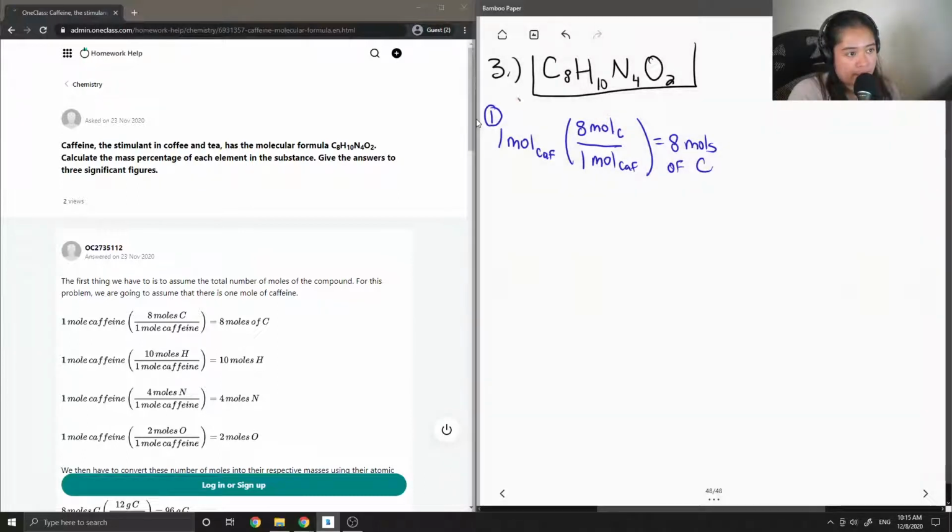And then I'm just going to add here, assume 1 mole of caffeine. Okay, so now we know we have 8 moles of carbon. If we multiply by carbon's atomic mass, which is 12.01 grams per mole, then we know how many grams of carbon we have, which is 96.08 grams.